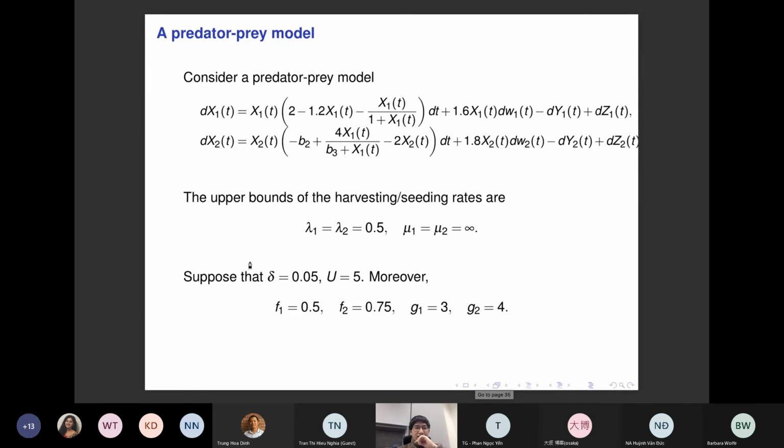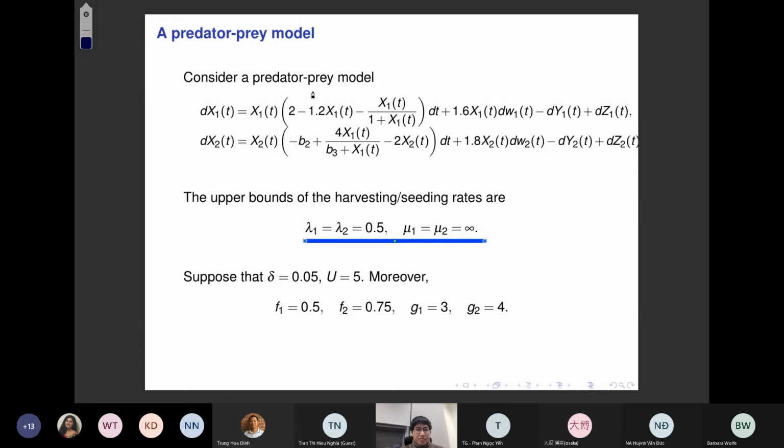Okay, and this is the last example. We have a predator-prey model with a functional response. We have the harvesting and seeding rates the same as in our previous example. The model is different because here we have predator and prey.